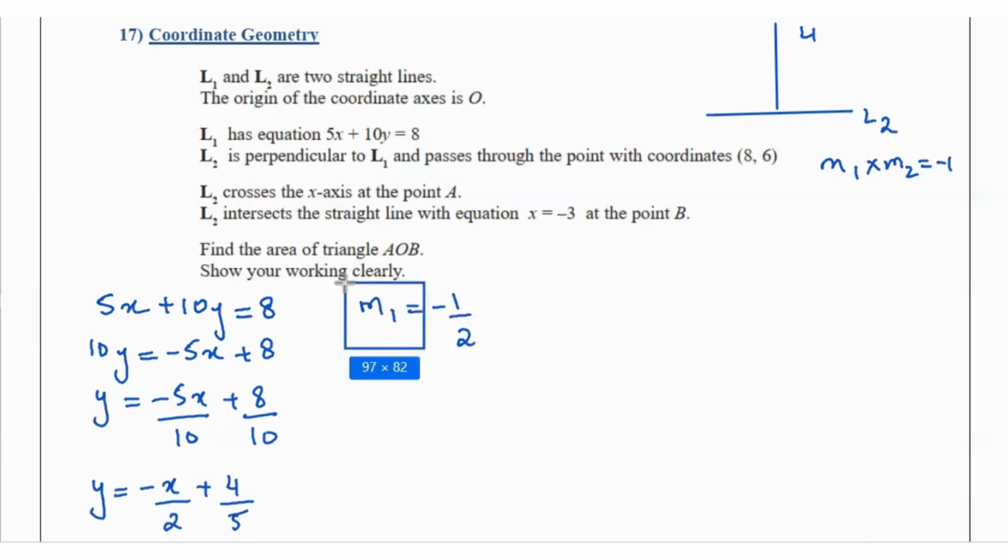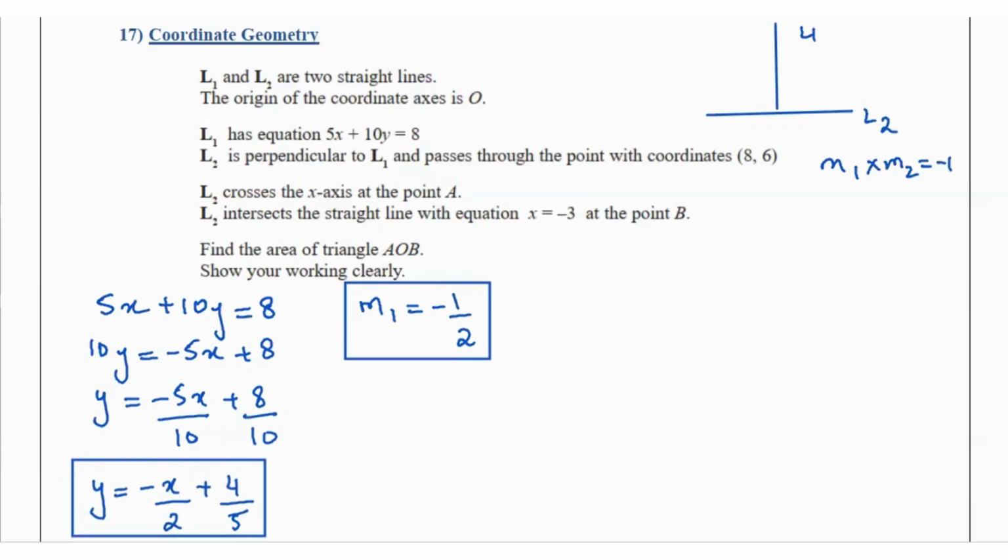Let's highlight that first. Now, if m1 is -1/2, m1 times m2 equals -1. -1 over 2 times m2 is -1, which means m2 is +2.